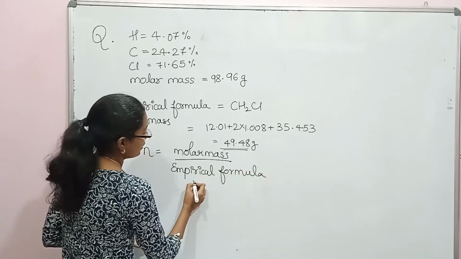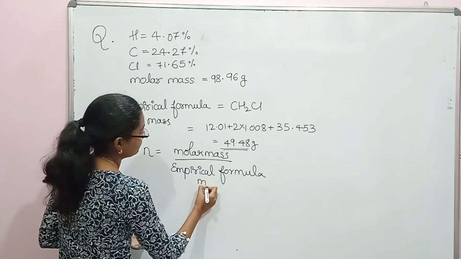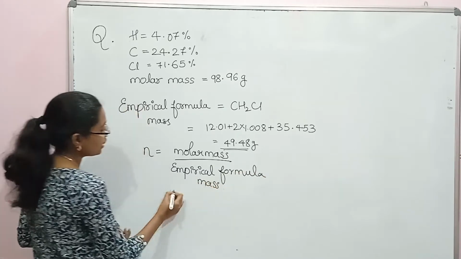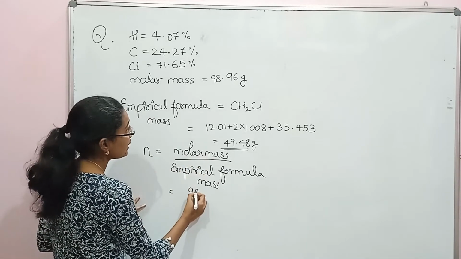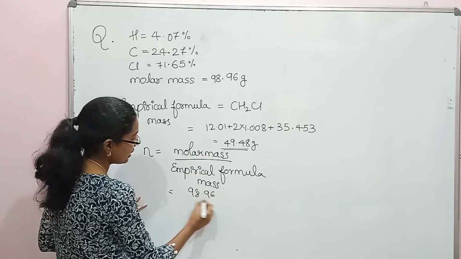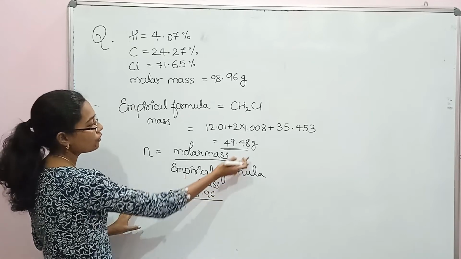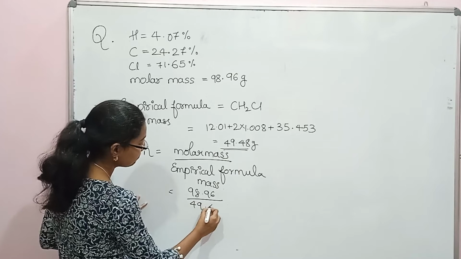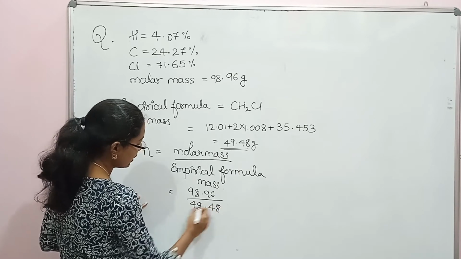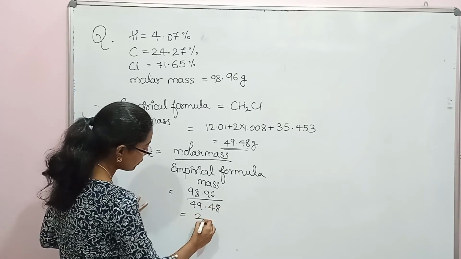This is the formula. Now we have the molar mass, that is 98.96, divided by the empirical formula mass we calculated, 49.48. So we'll get 2.